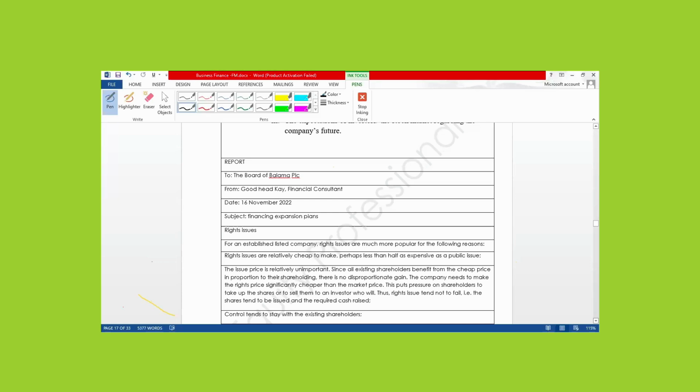These are the benefits of rights issue. Rights issues are relatively cheap to make, perhaps less expensive than public offer.